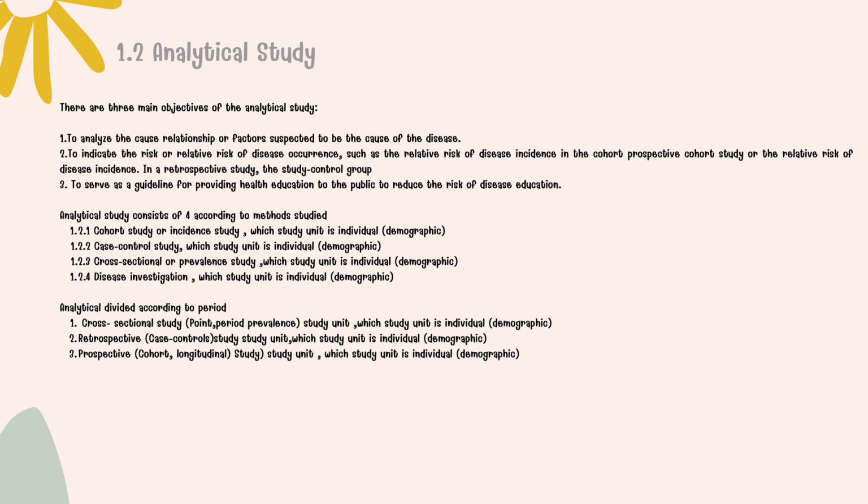Second, to indicate the risk or relative risk of disease occurrence, such as the relative risk of disease incidence in a prospective cohort study, or the relative risk in a retrospective case control study. And the last one, to serve as a guideline for providing health education to the public to reduce the risk of disease.